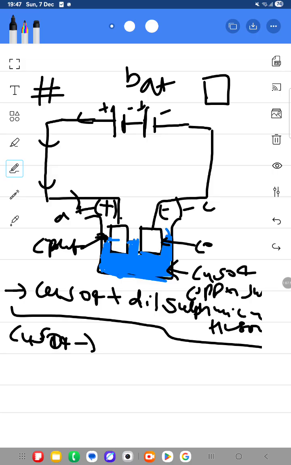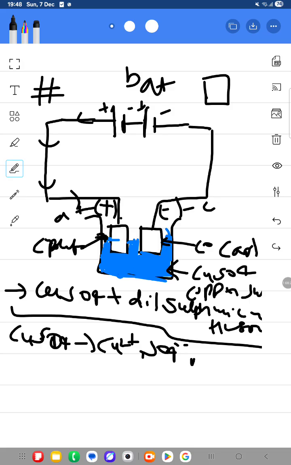So the CuSO4 solution will break and convert into ions, and these ions are Cu2+ and SO4 2-. We also know that this CuSO4 solution is an aqueous solution.